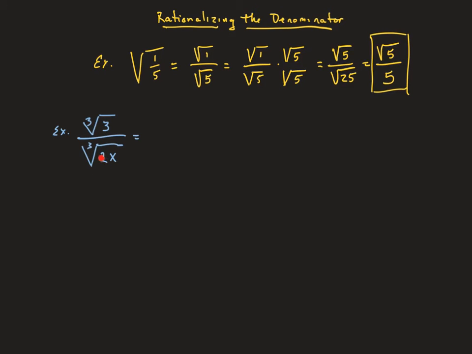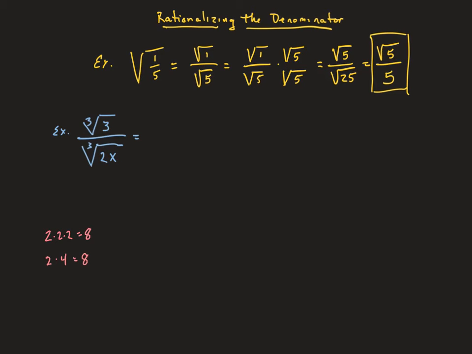So I know I need to use 2 as a perfect cube, and I need to use x as a perfect cube. And just think about it. 2 times 2 times 2 is going to be my perfect cube, which is going to be 8. So if I were to multiply 2 times 4, that would give me 8. So that would create my perfect cube.